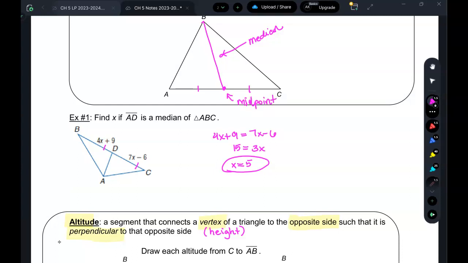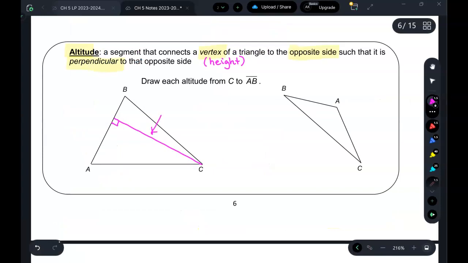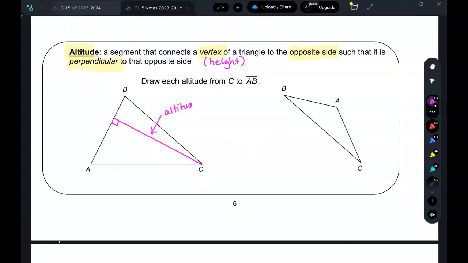So when we have an altitude, here's our altitude, and this is our right angle. Each one has to have that characteristic with the opposite side. This segment has to have a right angle. The median has to have a midpoint.